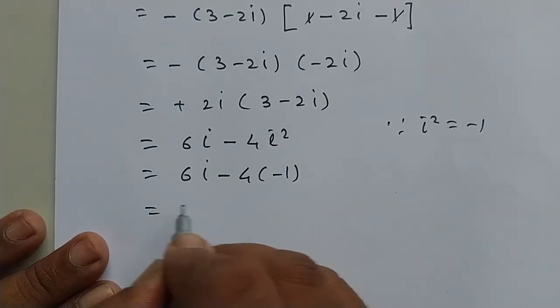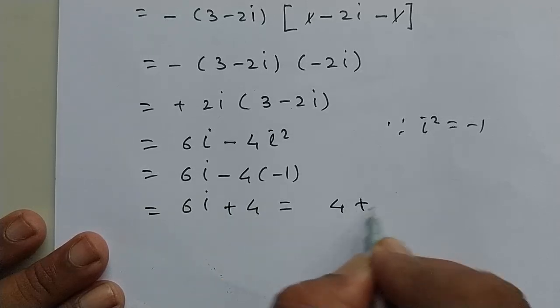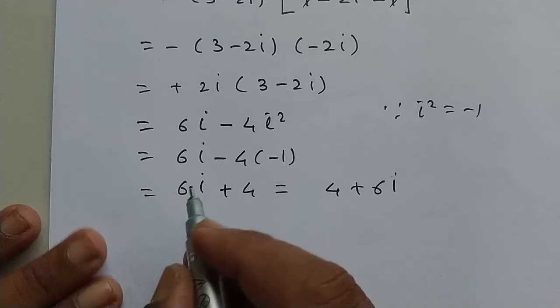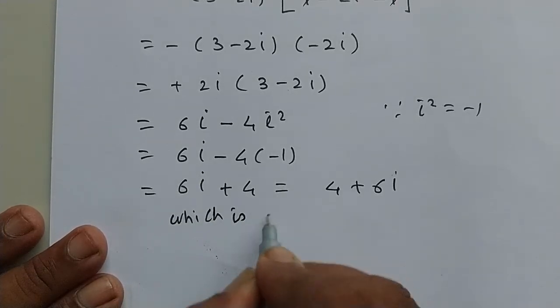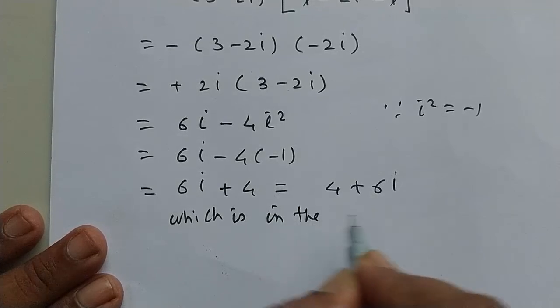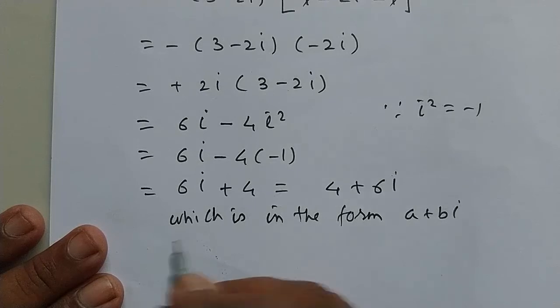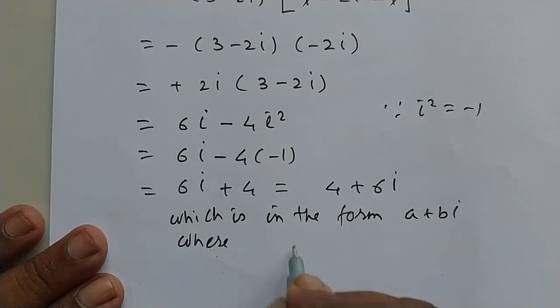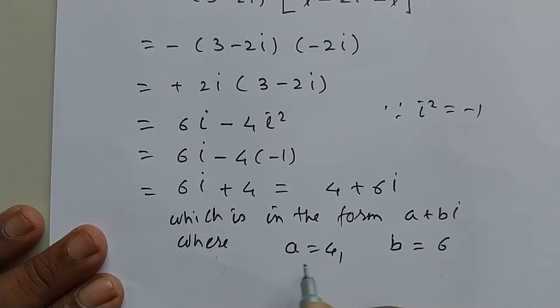So this is equal to 6i plus 4, which is equal to 4 plus 6i, which is in the form a plus bi, where a is equal to 4, b is equal to 6.